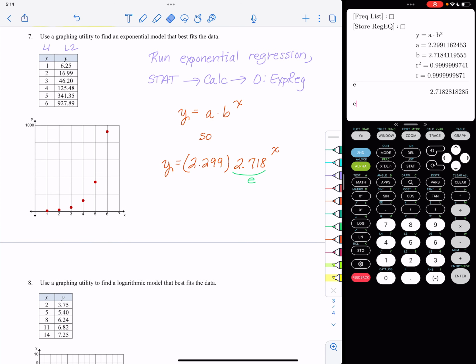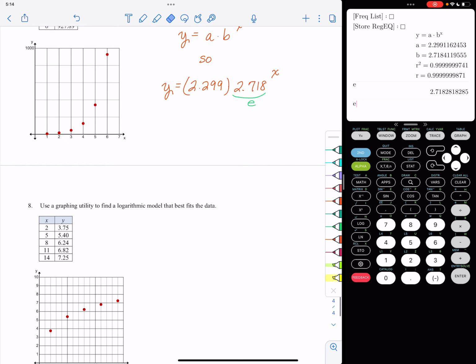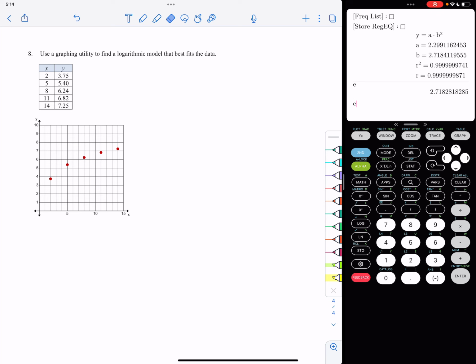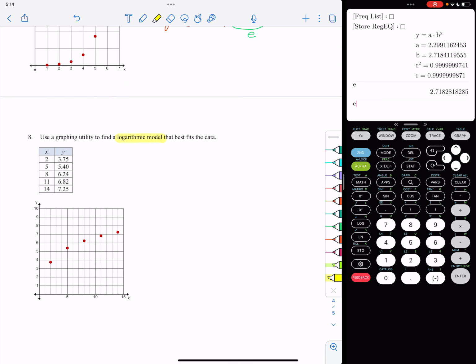Okay, so now let's go ahead and look at number 8. And as you can see, we'll use our calculator again. But this time, we're going to use logarithmic regression, okay?